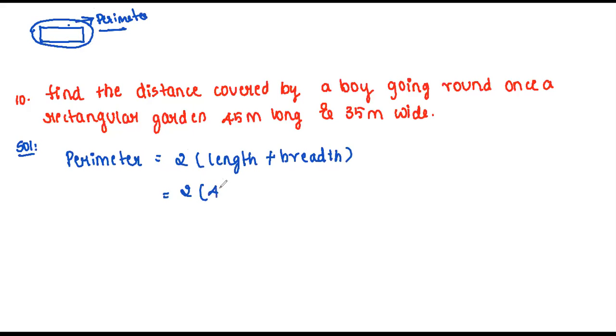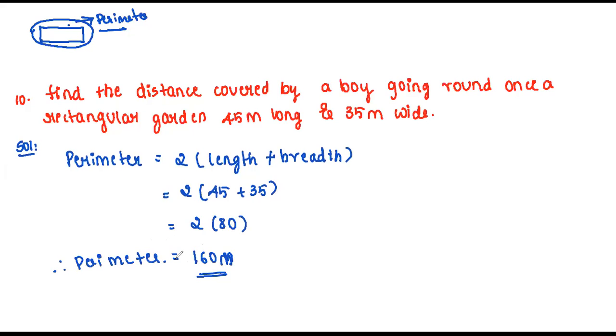So 2 into 45 plus 35. 45 plus 35 is 80, and 80 into 2 is 160 meter. So the perimeter is 160 meter. This is your answer.